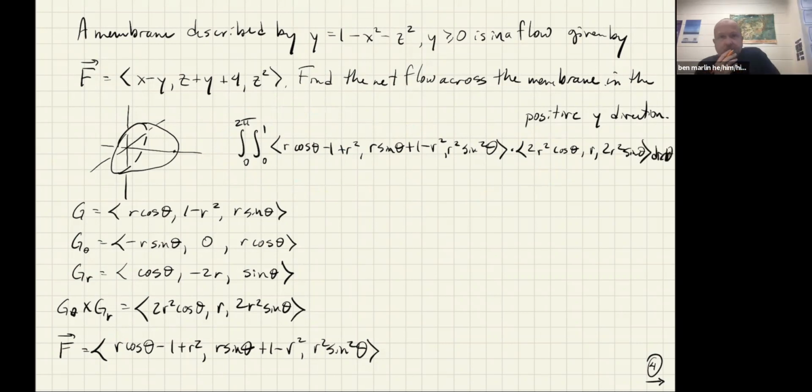Woohoo, right? So then the thing that we have to integrate here, goodness, this is going to be such a mess.